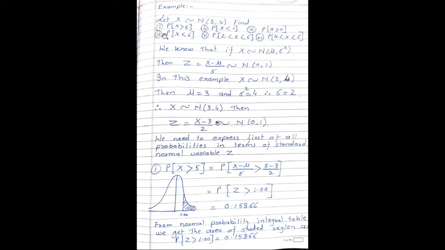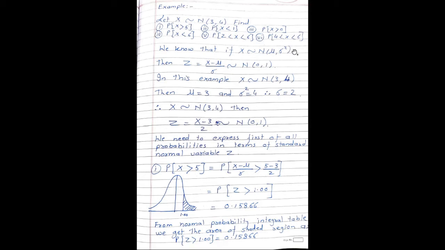Find, first part, probability x greater than 5. Second part, probability x less than 1. Third part, probability x greater than 0. Fourth part, probability x less than 6. Fifth part, probability 2 less than x less than 6. Sixth part, probability 4 less than x less than 6. So this is the problem.